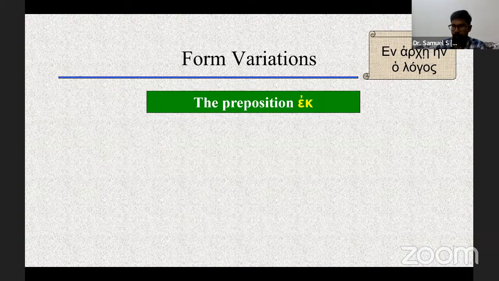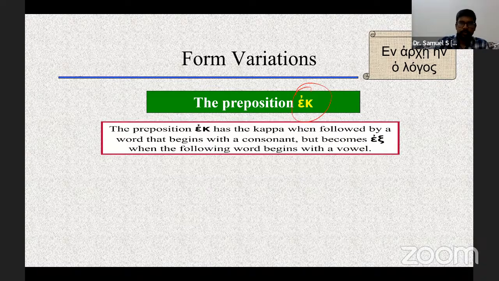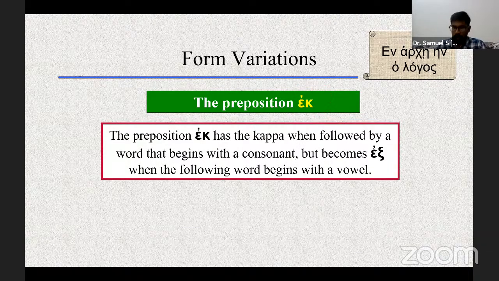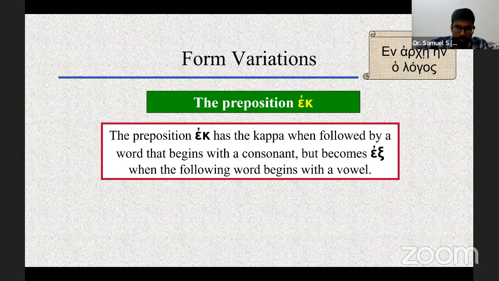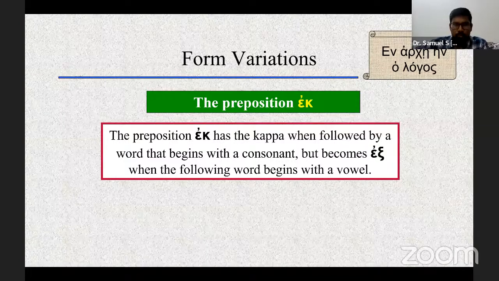And the preposition ek means "out of" or "from," right? Now the preposition ek has the kappa when followed by a word that begins with a consonant, but becomes xi when the following word begins with a vowel.